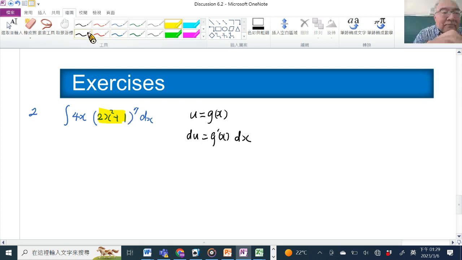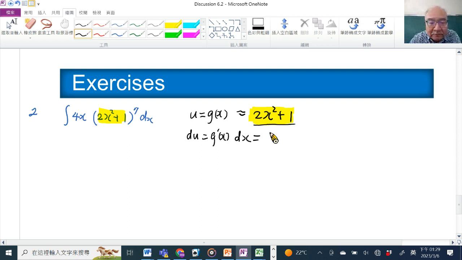As we suggest here, we have 2x squared plus 1 as our input, the g of x, and this is going to be substituted. Therefore, we have to make sure that g prime of x can be found somewhere in the integration format. In this case, after the derivative, 2x squared plus 1 becomes 4x, right?